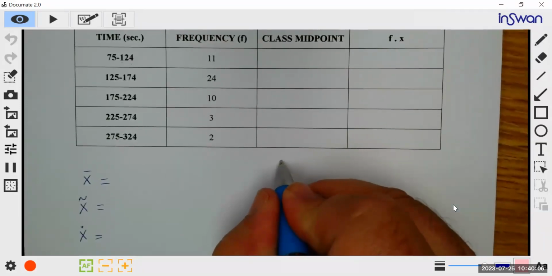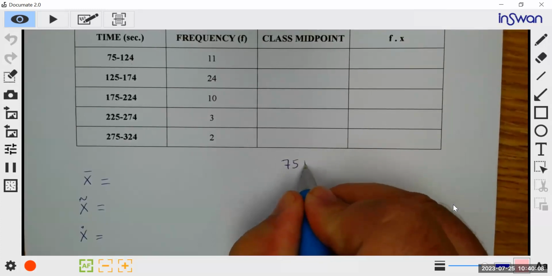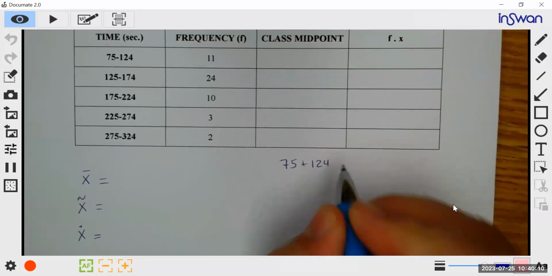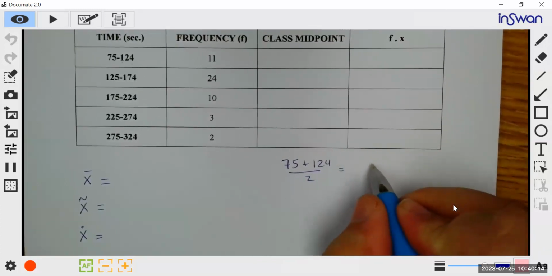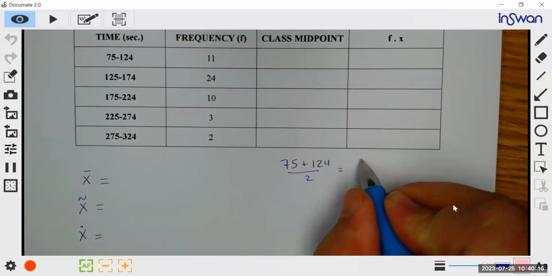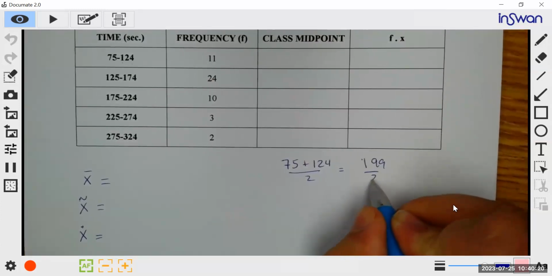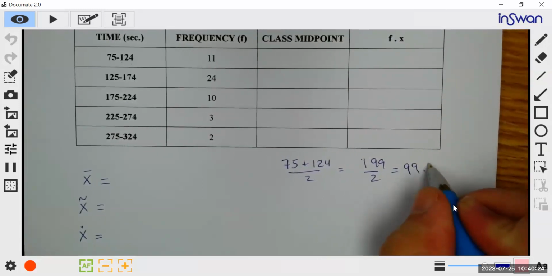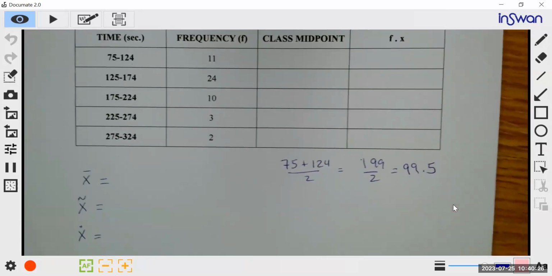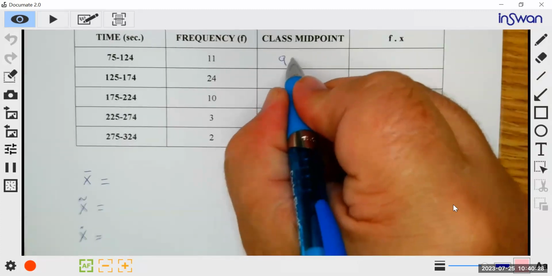Yeah, take 75 plus 124 and divide by 2. So it's 199 divided by 2. 99.5.